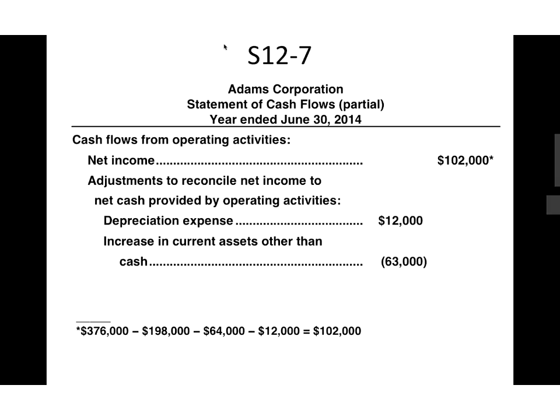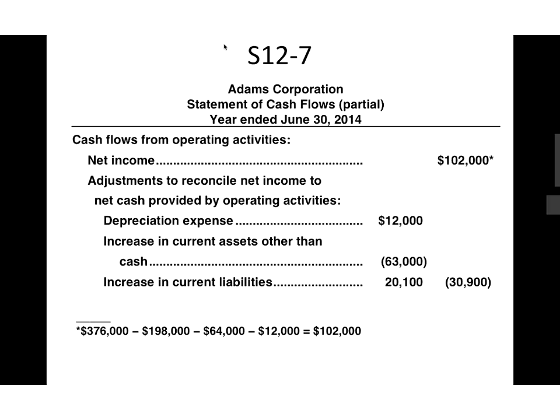I'm going to subtract my increase in current assets other than cash. Again, that's on that sheet. It tells me an increase in current assets decreases. My increase in current liabilities, I'm going to add back. Again, refer to that reference sheet. Do not try to memorize it at this point.